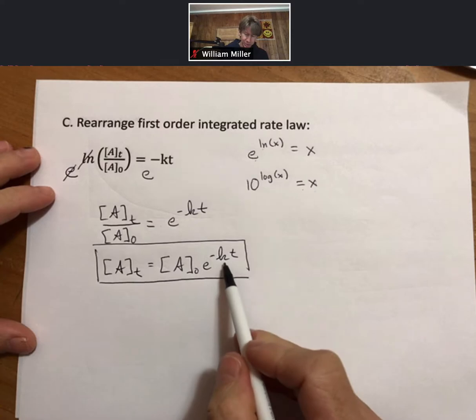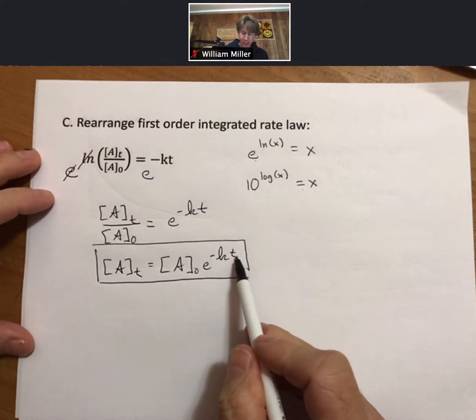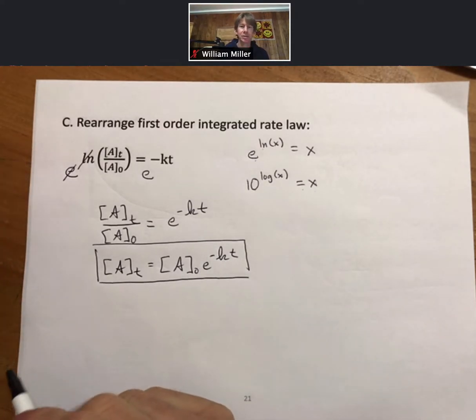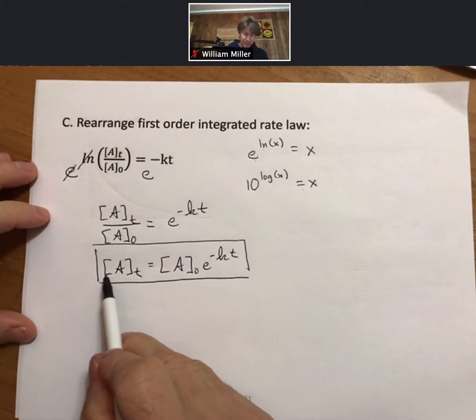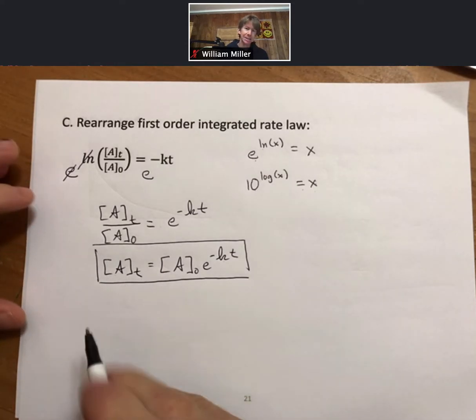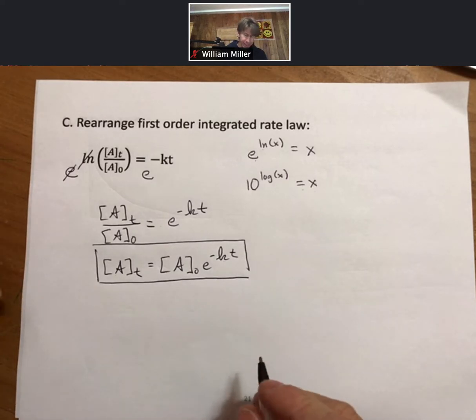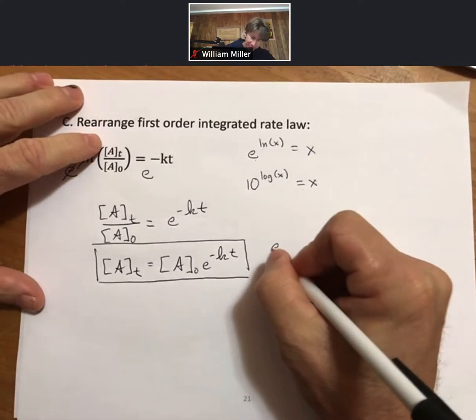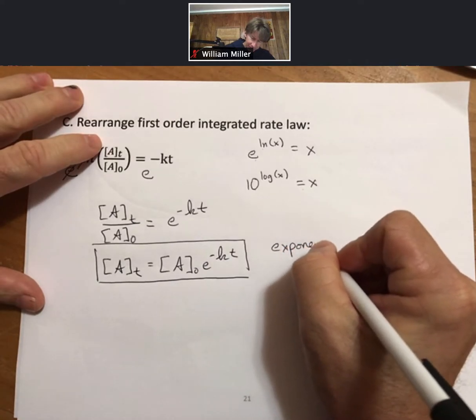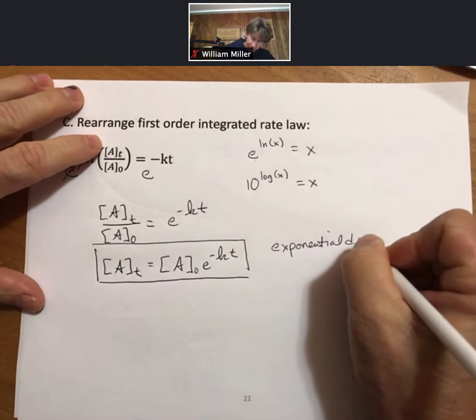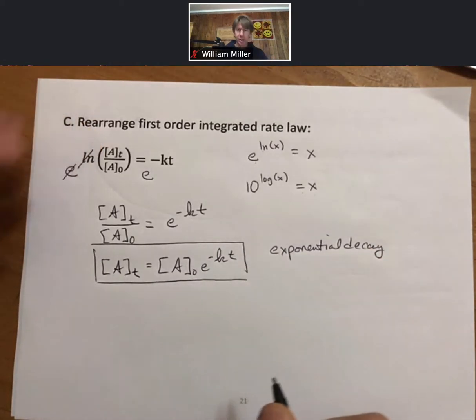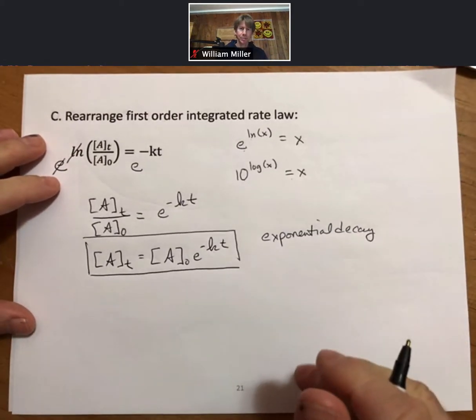Oftentimes in problems you will have the rate constant, you'll have time, and you'll have the initial concentration, and you will be asked for the concentration at some time t in the future. Okay? And this is what's called an exponential decay. And we'll talk more about that in future videos.